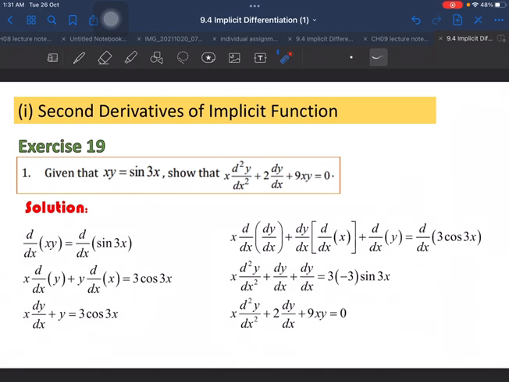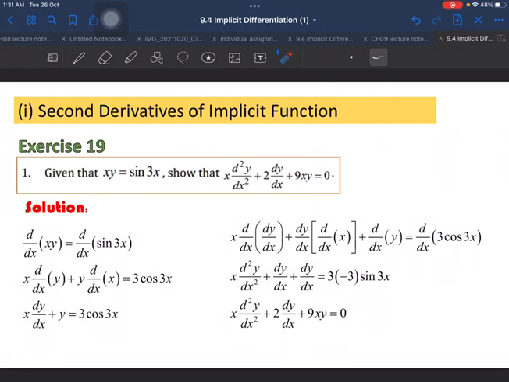Okay class, ini adalah soalan show, ataupun soalan proven. Jadi kita dah ada jawapan dah, cuma kita perlu lakukan differentiate untuk mendapatkan hasilnya seperti show tersebut.